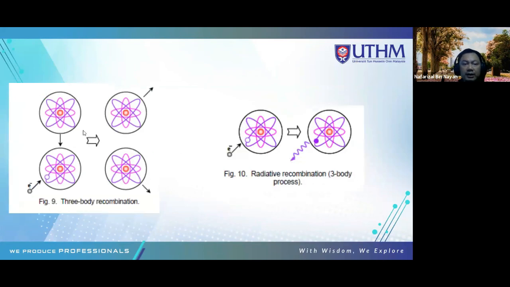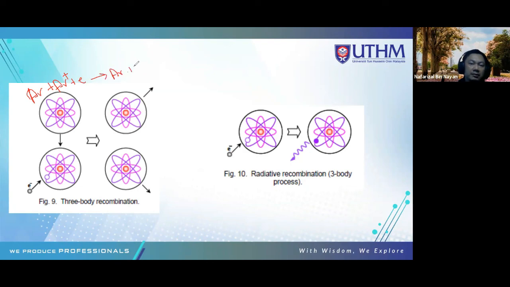We can also have a three body recombination like this. You can have some other elements hit with the electron. What chemical reaction will occur for this one? For example, you have argon plus here, hit with the electron, and then it will recombine.